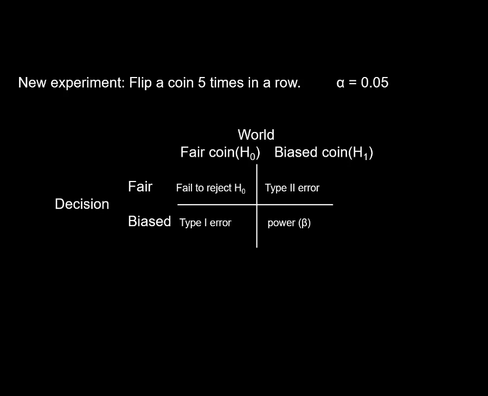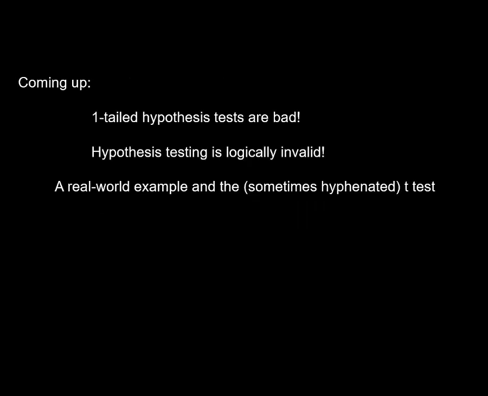But in either case, I'm making an inference. So hypothesis testing is the logic at the heart of what is called inferential statistics, which is what we do when we take a sample and try to make inferences about the population the sample came from.